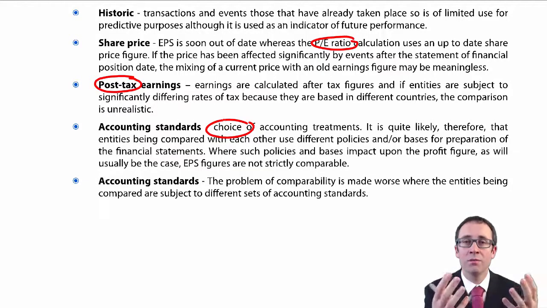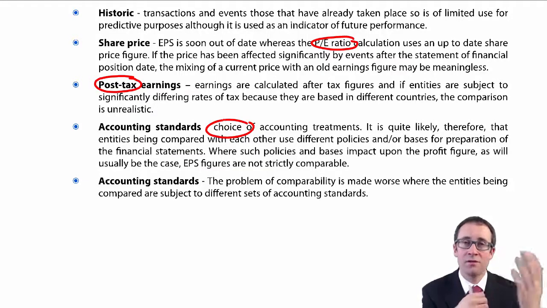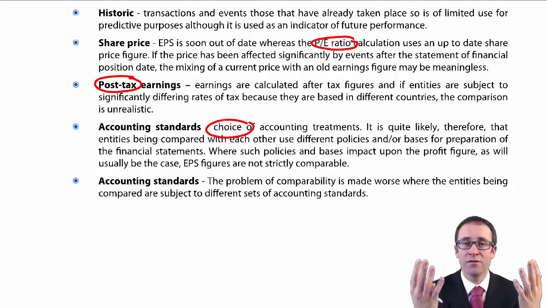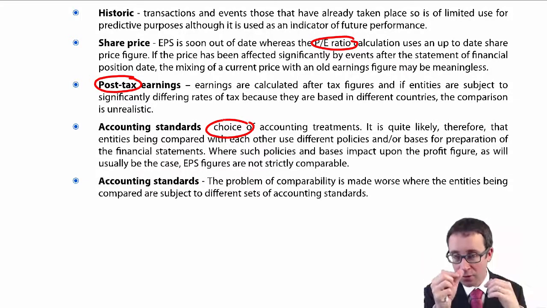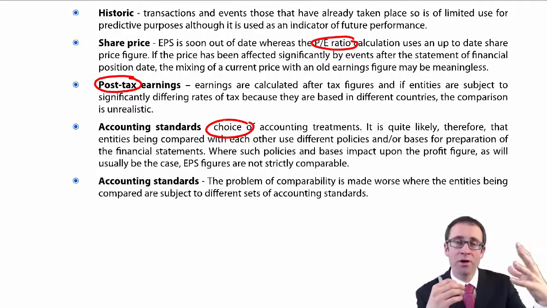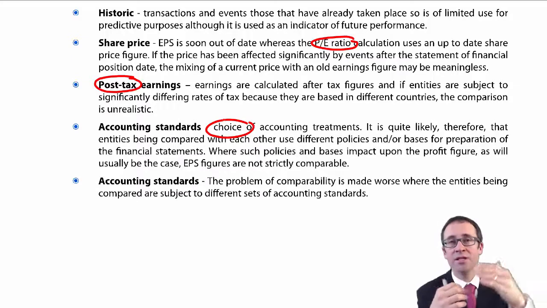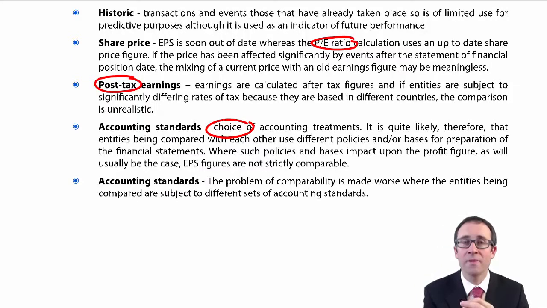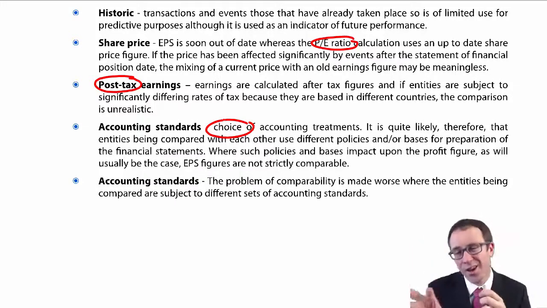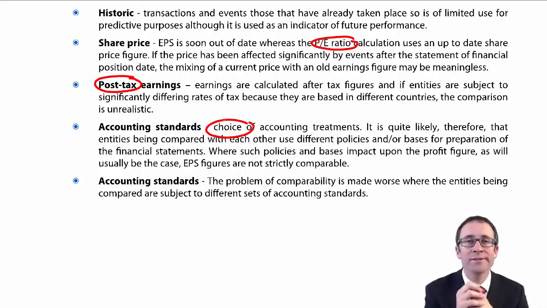What happens if one company classifies something as fair value through profit or loss, and the other one classifies it as fair value with gains and losses through OCI? One company is going to have much higher or lower profits depending upon the changes in the value of the financial asset, whereas for the other entity, the changes in the value of the asset don't impact the profits because the gains or losses are hidden away, aren't they, in OCI?